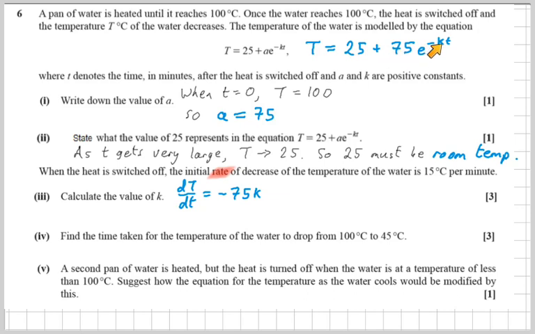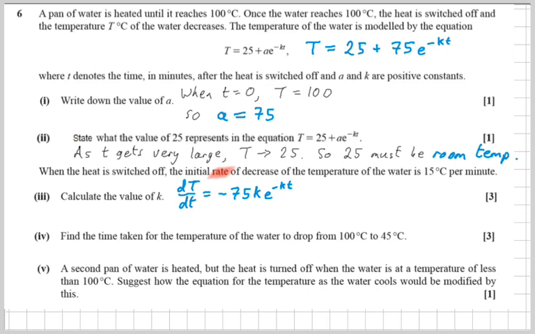But then you don't change the power. But this is e to the minus k t, so we're going to bring the minus k down to the front. And then you still keep the e to the power bit the same. So you're just going to multiply this term by minus k. Great, now we have our derivative.